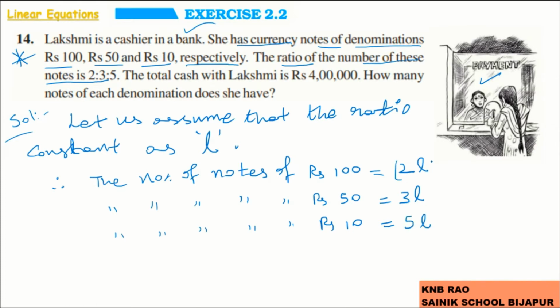So we know the number of notes now, and further the total cash with Lakshmi is rupees 4 lakh.